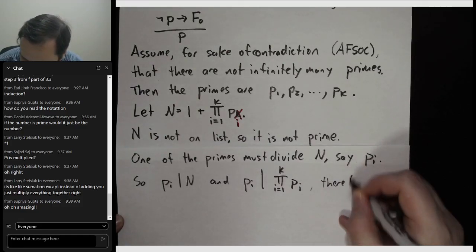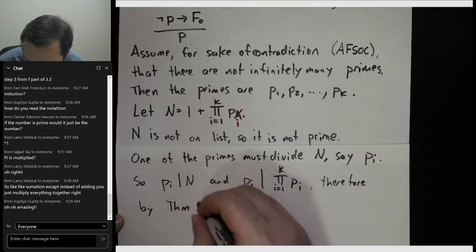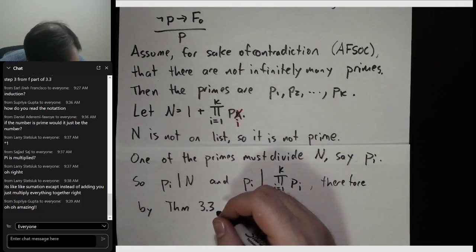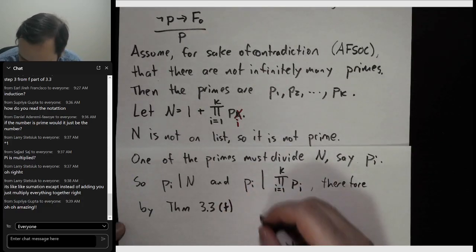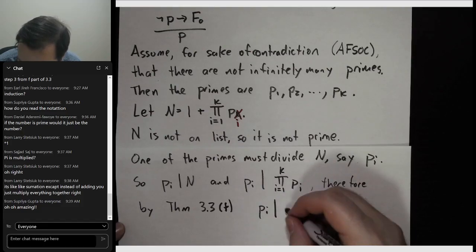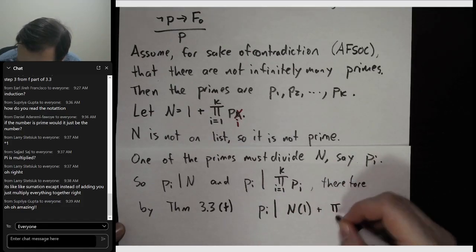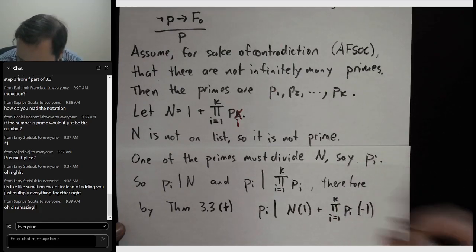Therefore, by theorem 3.3f, p sub i divides n minus the product from i equals 1 to k of p sub i.